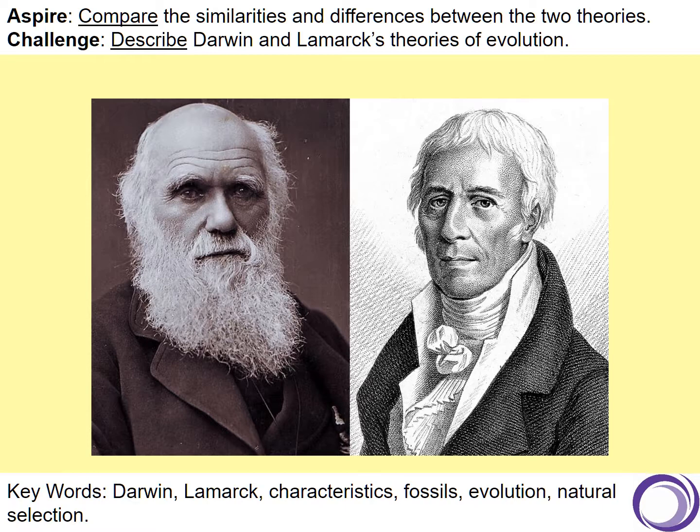And we now know that in the great majority of cases, Lamarck's idea of inheritance just cannot happen. But his ideas did pave the way for scientists such as Darwin, gave them something to think about, and Darwin's theory of evolution was thought to build on some of the suggestions that Lamarck made.